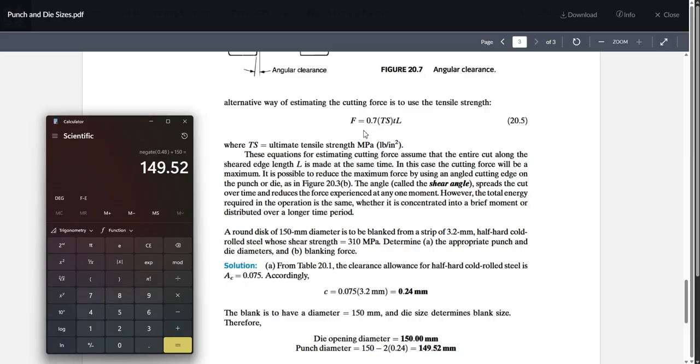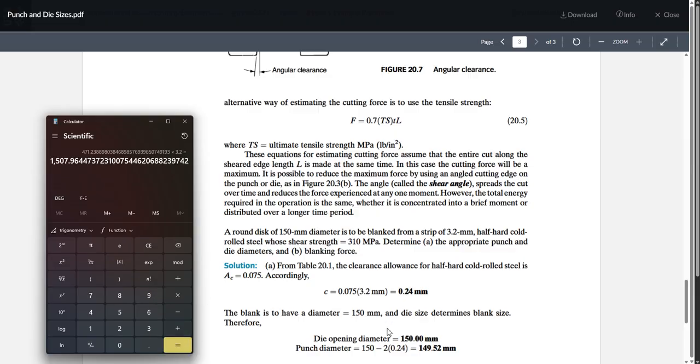Now let's continue with calculating the forces. First, we know it's a 150 millimeter diameter. So I'm going to calculate the perimeter in millimeters. We're going to have 150, that's the D, multiplied by pi. So L is 471. This will be times the 3.2.